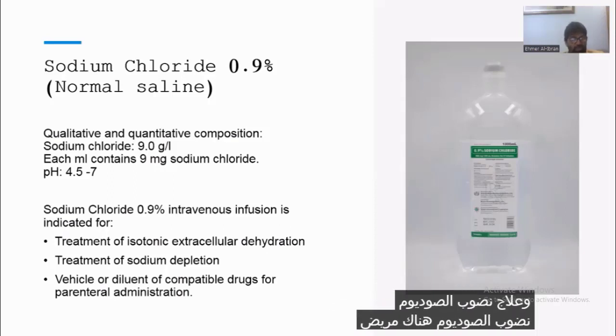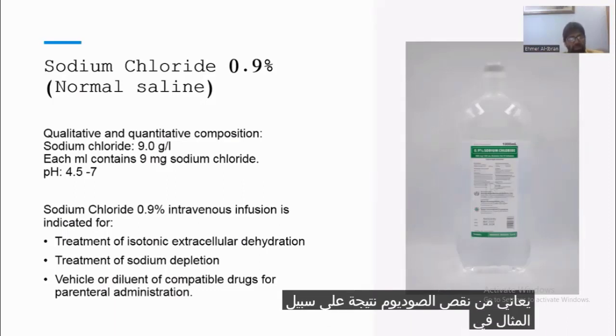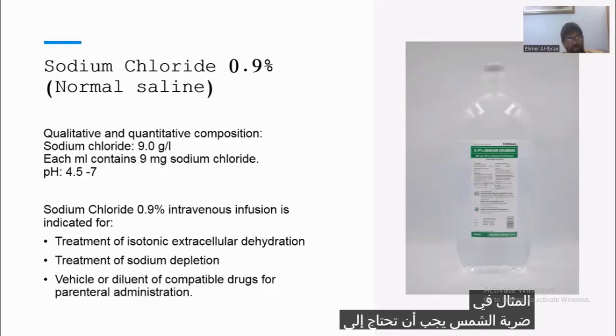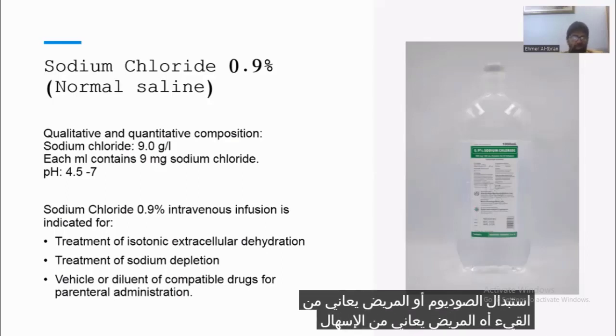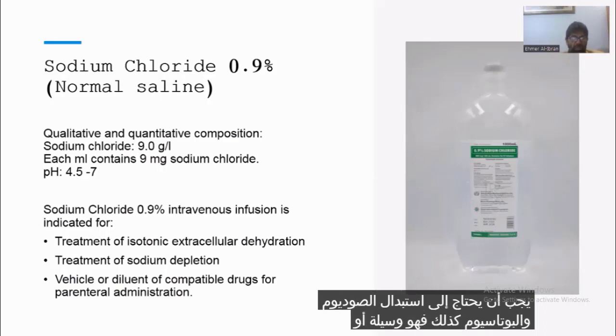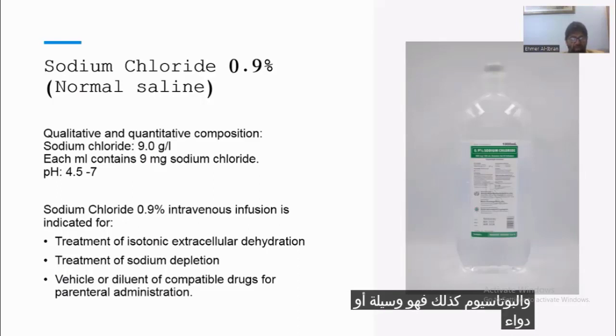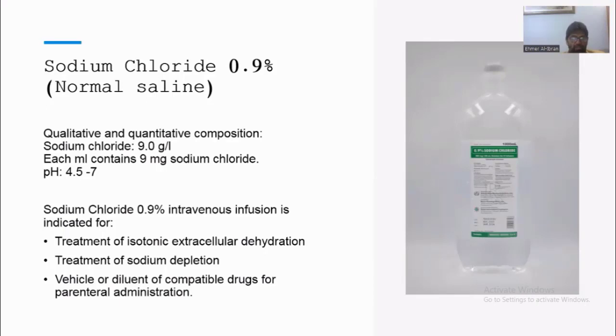In sodium depletion, the patient has a deficiency of sodium, for example in heat stroke you need sodium replacement, or if the patient is having vomiting or diarrhea, you need replacement of sodium and potassium as well. It is a vehicle or diluent for compatible drugs. You can give drugs with normal saline in a diluted form parenterally.